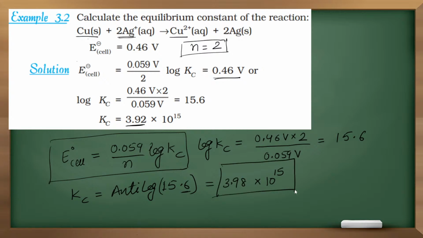It's okay, 3.92, or we can write it as 3.98, because if 0.059 is taken as 0.0591, the value may be very close to 3.92. So Kc is 3.92 into 10 power 15, and if we write it approximately as 4.0 into 10 power 15, that will also be okay, right? So this is example number 3.2 in your NCERT book.